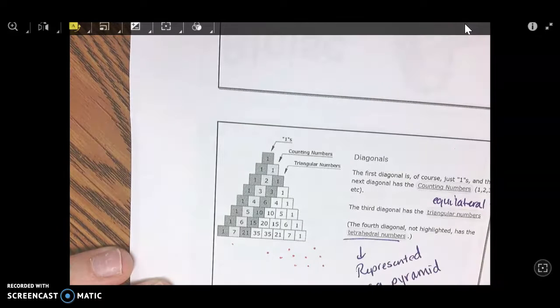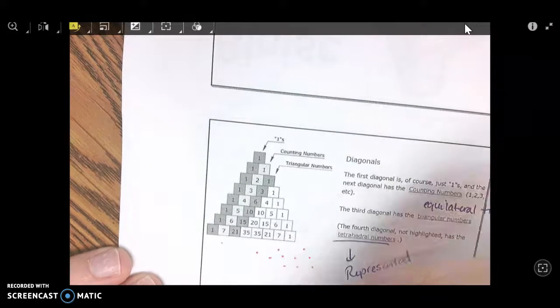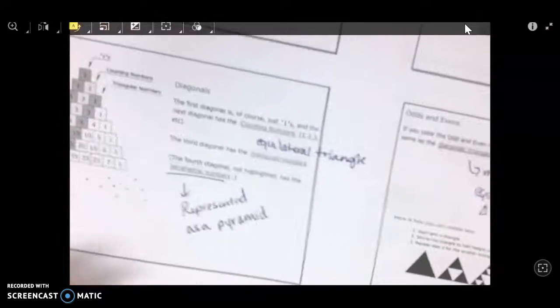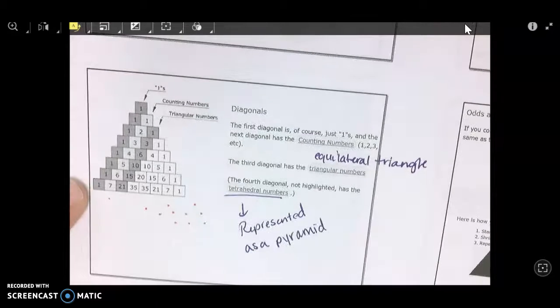That makes a triangle. And then you have tetrahedral numbers, which can be represented as a pyramid. And that's the 4th diagonal here, 1, 4, 10, 20, 35. Just a lot of patterns. If you had the time to study this, there are a lot of patterns you can pick out of his triangle.